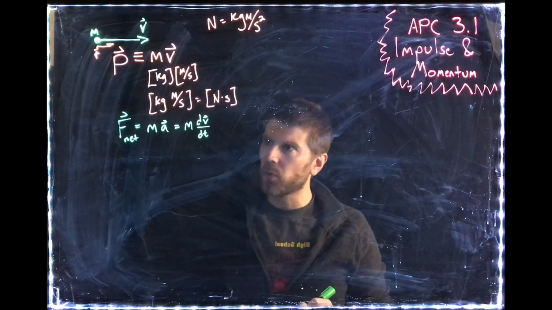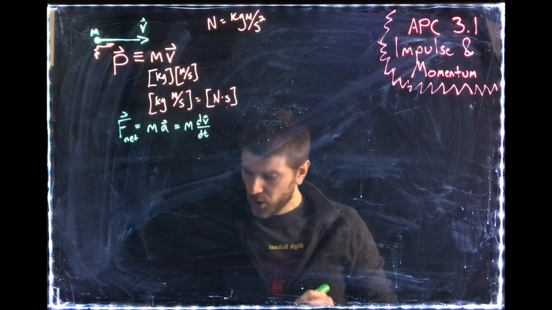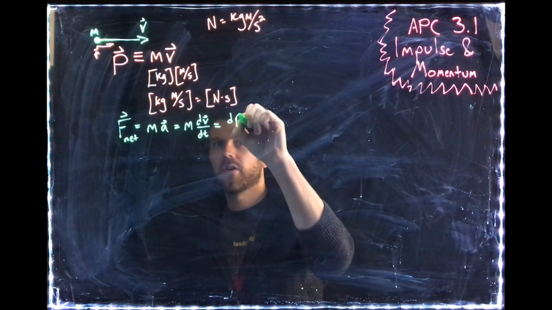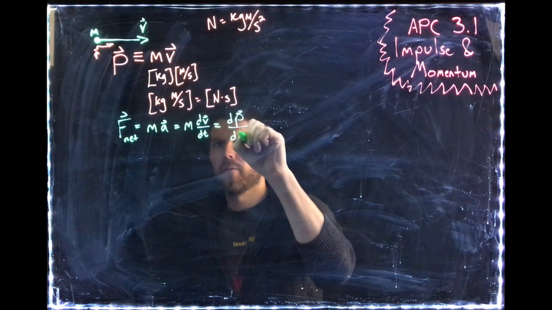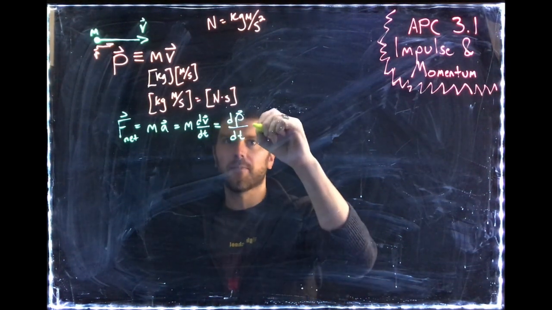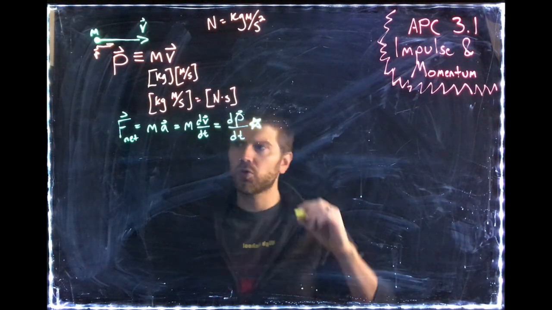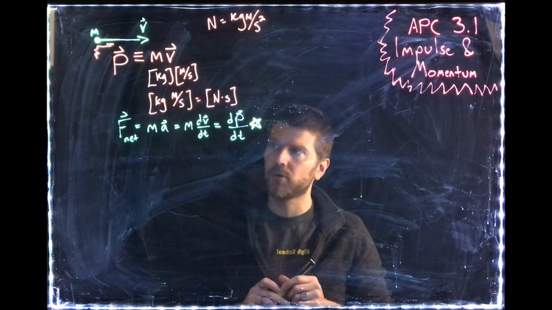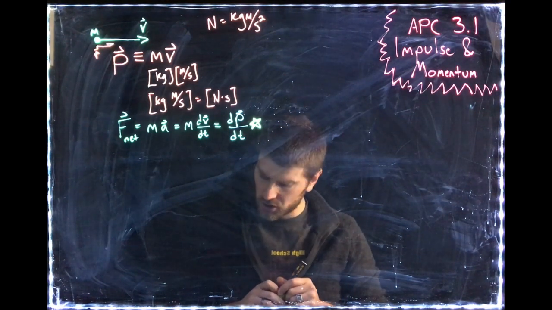And in the case where mass is constant, we can write this as the derivative of momentum. And this is a really important concept: what do forces do? Forces change momentum over time. If you apply a force for a certain amount of time, it changes your momentum.